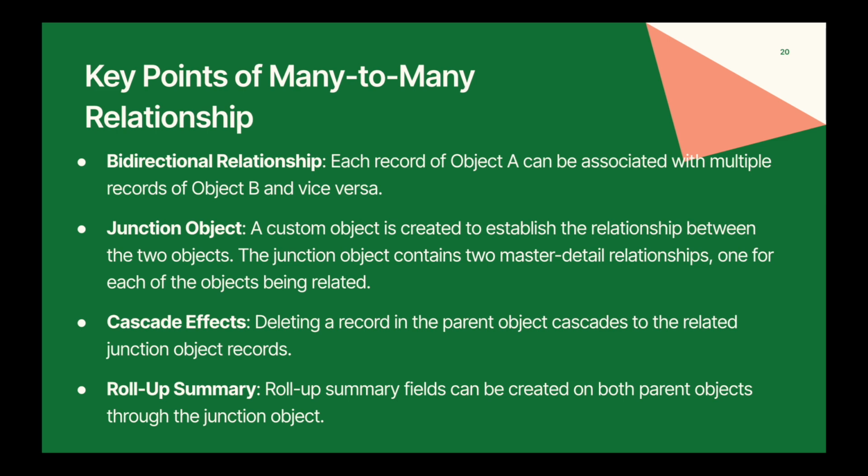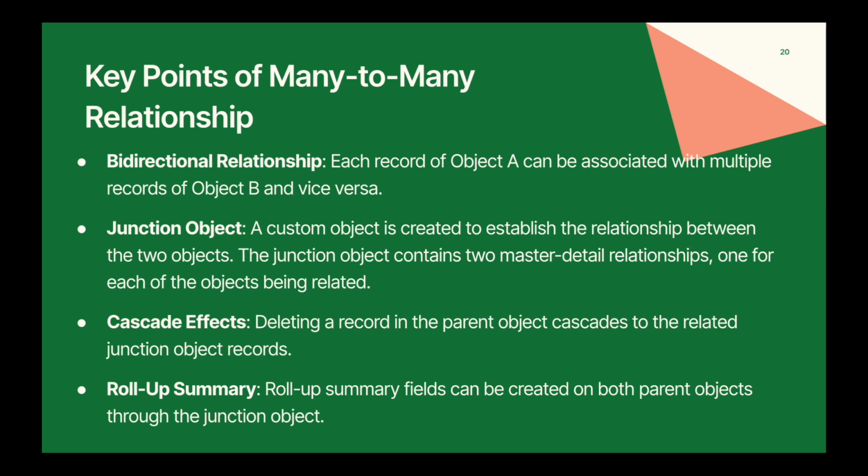When we create this object, we will create two fields on this junction object. One field, say field number 1, will have a master detail relationship with object A, and another field will have a master detail relationship with object B. Then cascade effects.